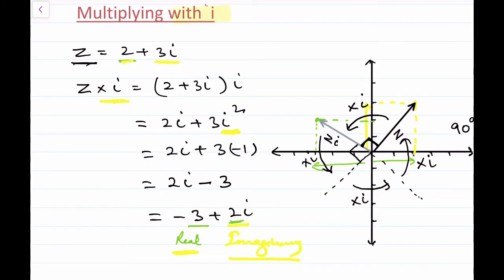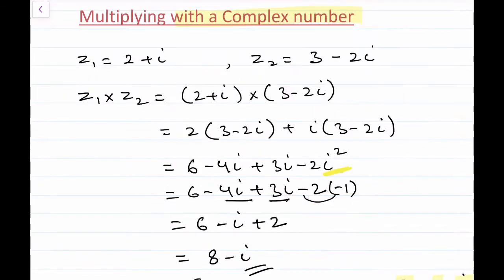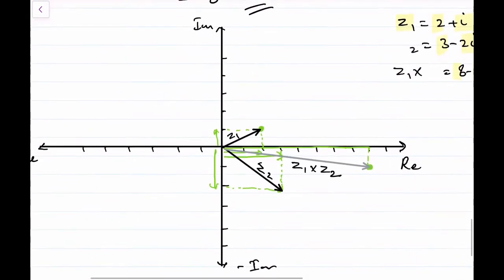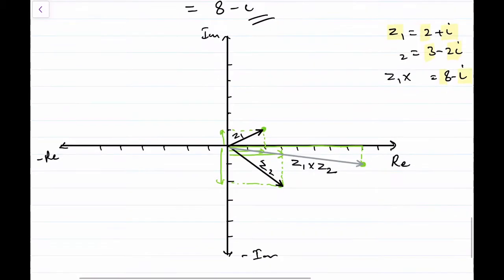And when it is multiplied by i, there is a rotation of 90 degrees each time. So if it is multiplied by i 4 times, then it will complete a full circle. And for the multiplication of two complex numbers, we will be discussing this in more detail when we do polar form.